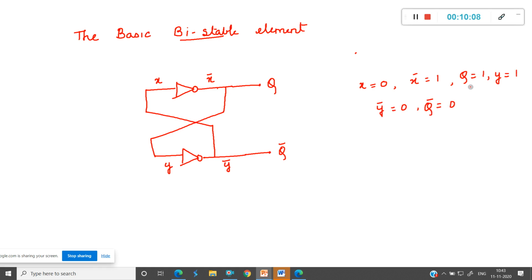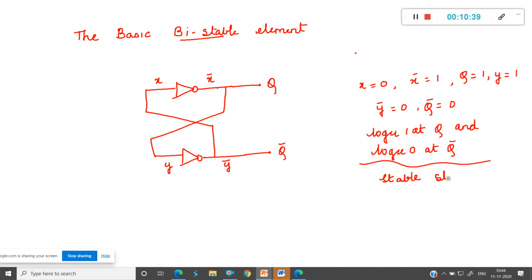So you can see here now Q and Q bar are complement to each other. Q is equal to 1, Q bar is equal to 0. So this basic bistable is storing logic 1 at Q and logic 0 at Q bar. This is a stable state.